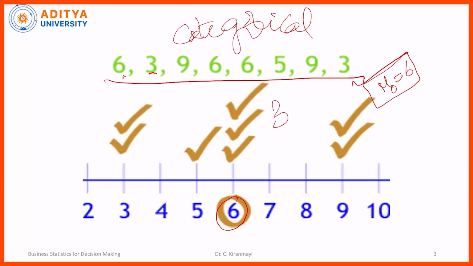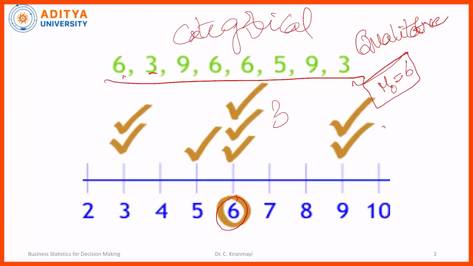In the first lecture we understood various types of variables, where the variables may be qualitative. A qualitative variable is a variable which we cannot quantify, which we cannot measure using numerals. In such a case it is not possible to use measures of central tendency like mean and median. In such a case, we can use mode.